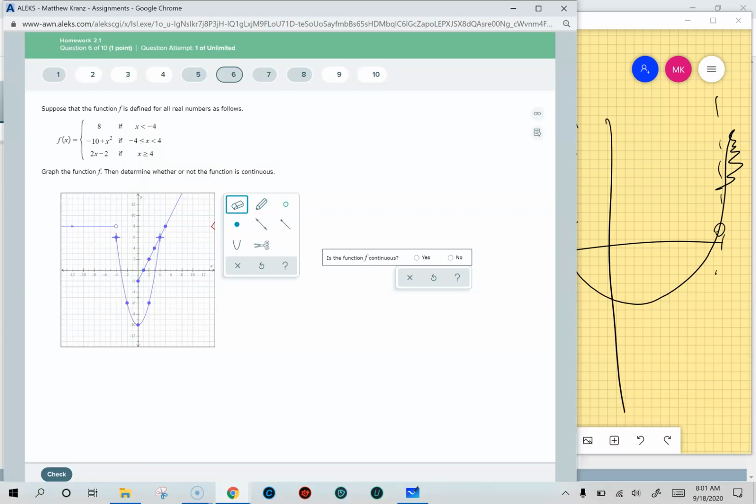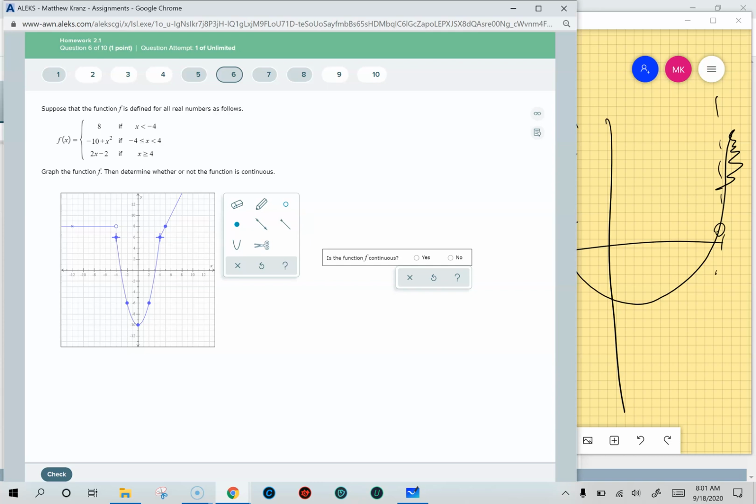I go to my eraser, and I erase this, and then I erase all these points that are on that side. Oops, and I erased my line. So my line, I've got to fix, starts there, goes there, and now I'm good.